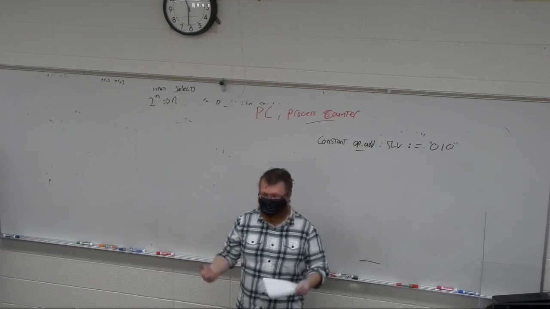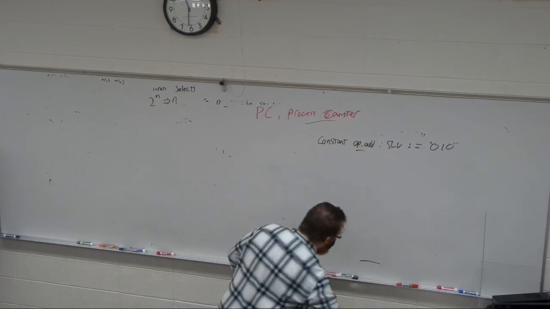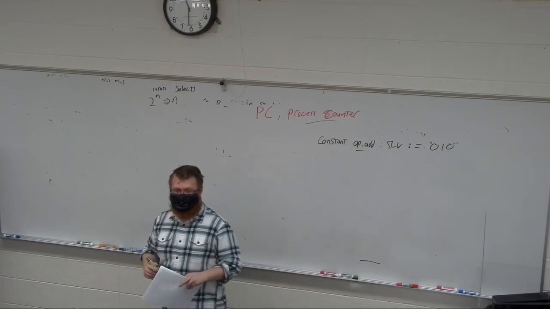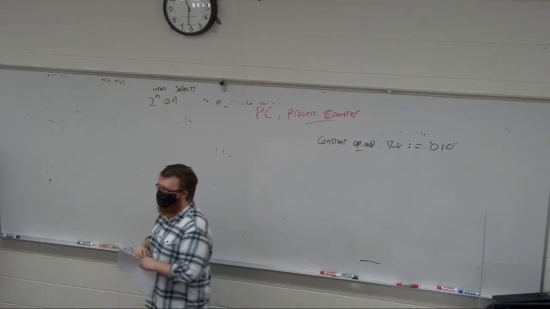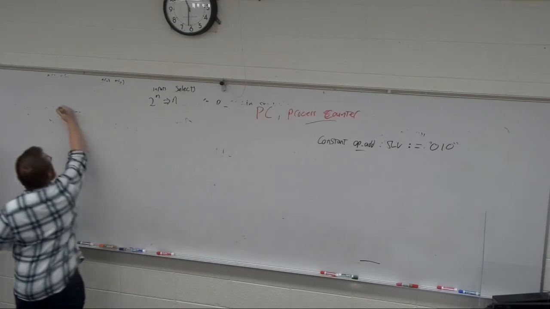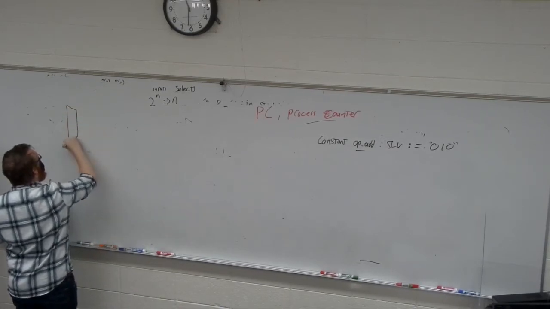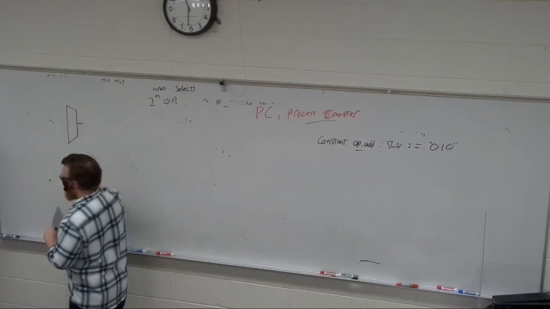So let's do this for 4 bits. That means I have 4 inputs and 4 outputs. Let's start by worrying about the first output. I have a mux and the output.